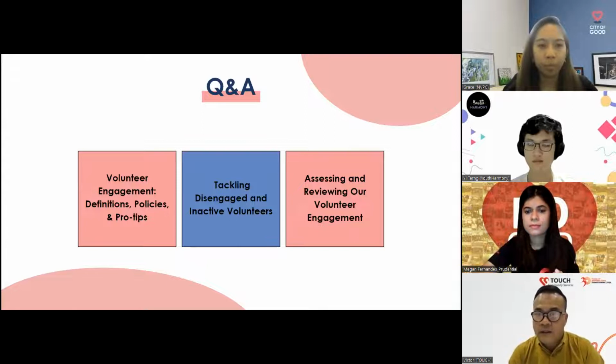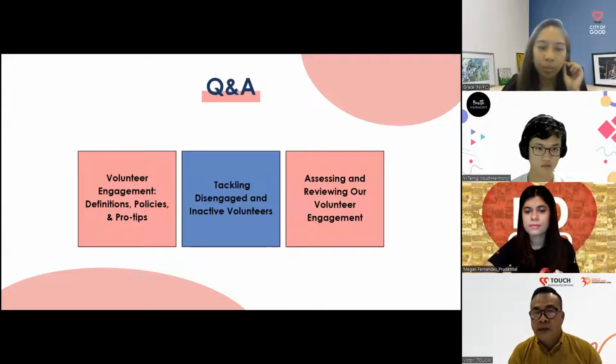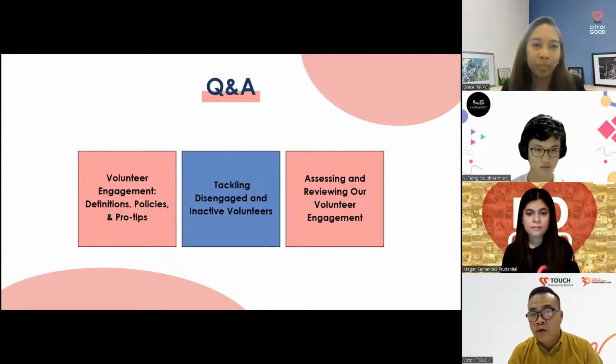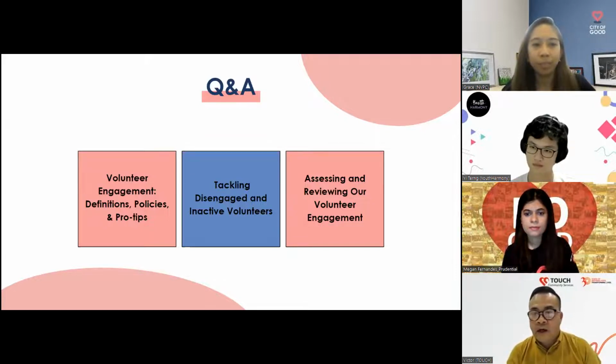So for the inactive ones, usually those who stop volunteering for a while, especially those on an ad hoc basis, or who only volunteer for event-based activities. We all know that during COVID, we can't have physical activity. But there are some activities that allow people to go out and serve the community, for example, meals delivery. So we are very thankful that some of the inactive volunteers actually responded to our call.